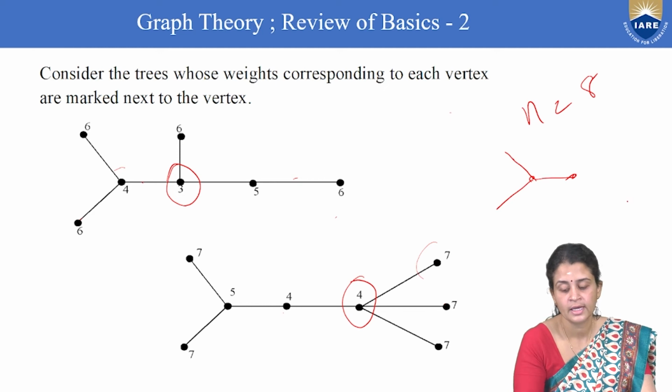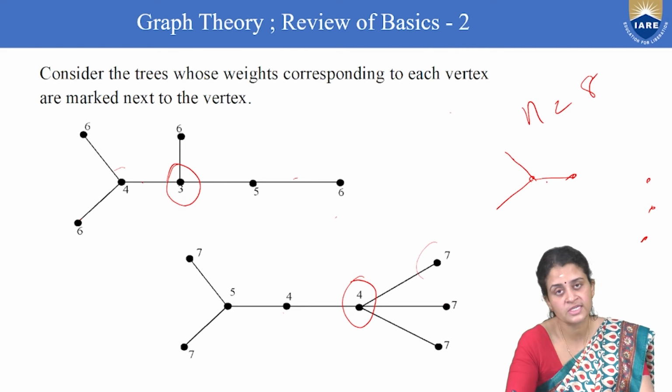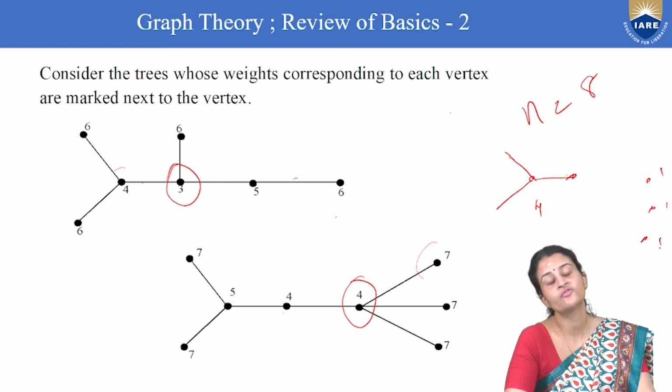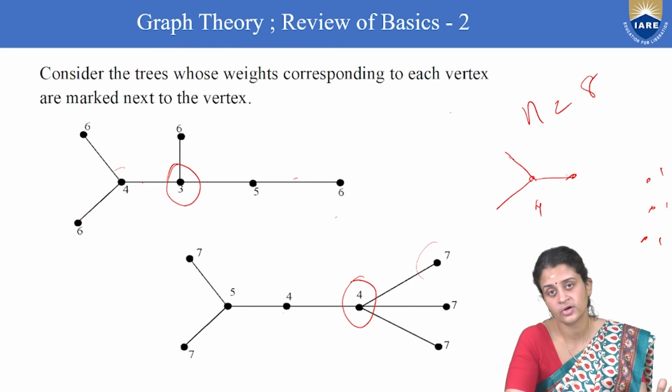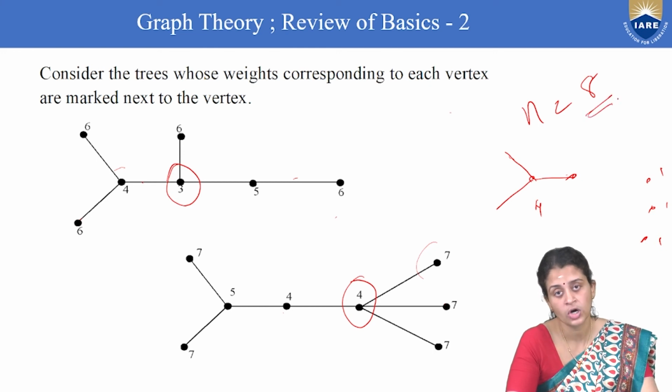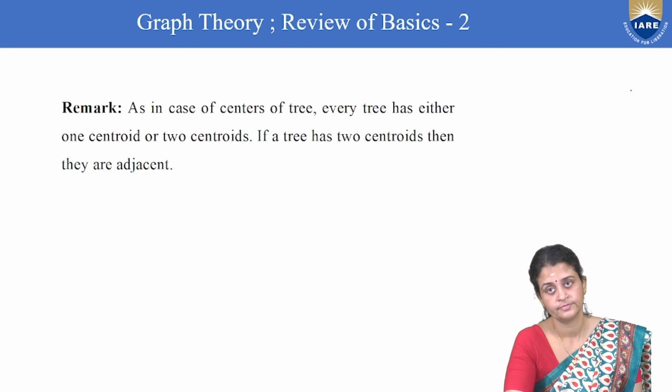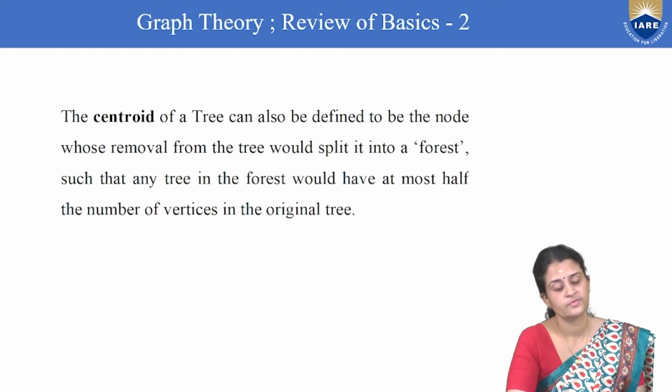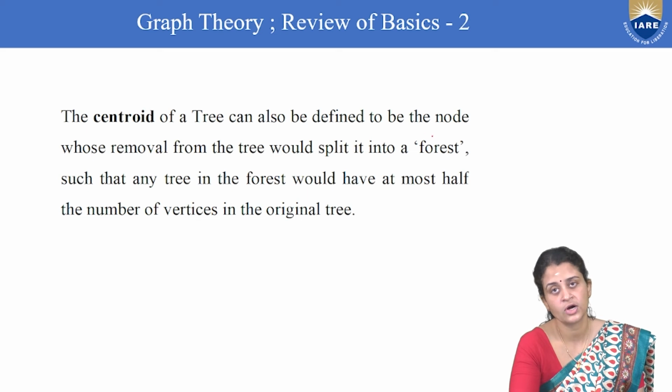One component like this, and other components will be like this only. Here we have 4, and here 1, 1, 1. So the number of vertices in each component can be at the maximum half the number of vertices in the original graph. That is what it is here. The centroid of a tree can also be defined as a knot whose removal from the tree would split it into a forest, such that any tree in the forest would have at most half the number of vertices in the original tree.